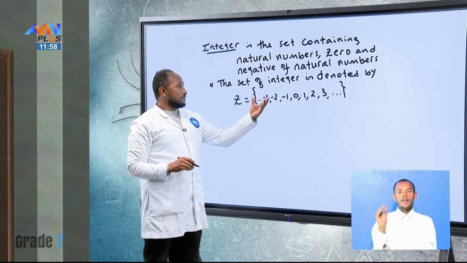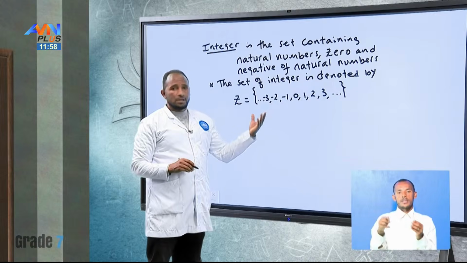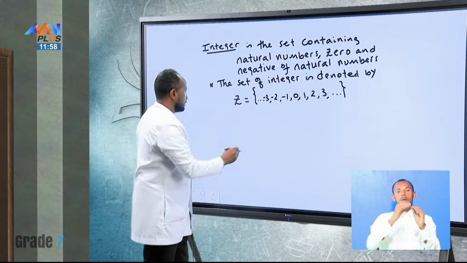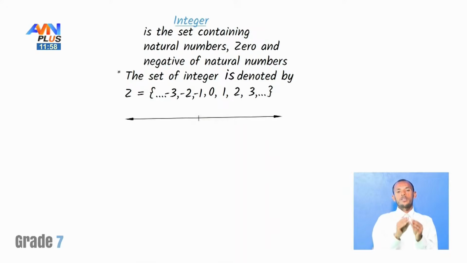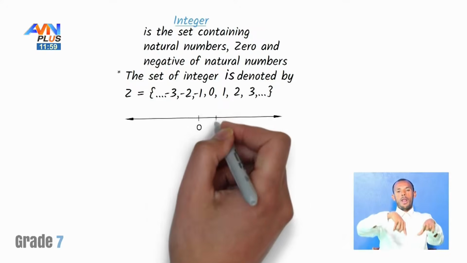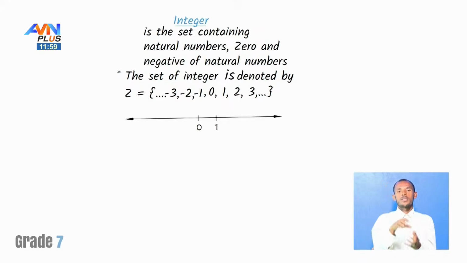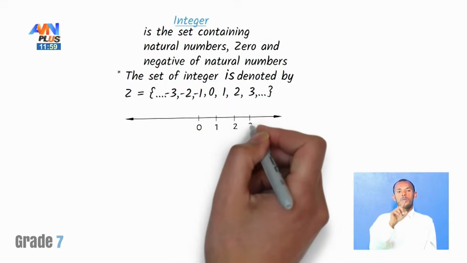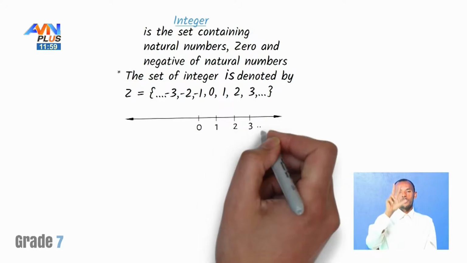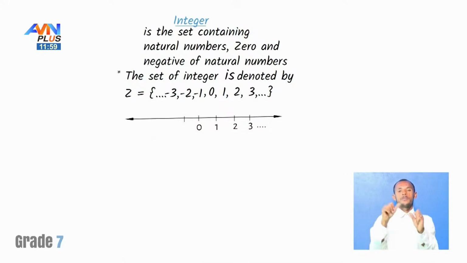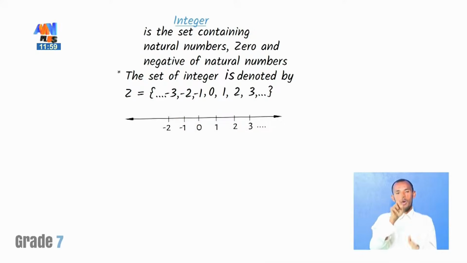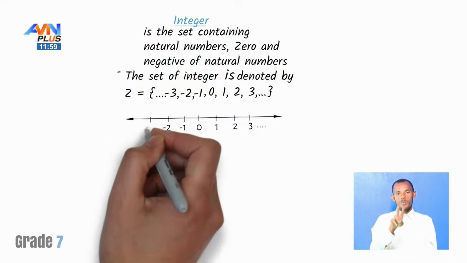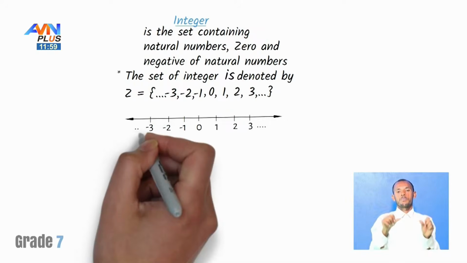And this set of integers is indicated on the number line as follows. It contains 0, and then 1, 2, 3, going on to the right, and it contains the numbers minus 1, minus 2, minus 3, and it goes on like this.